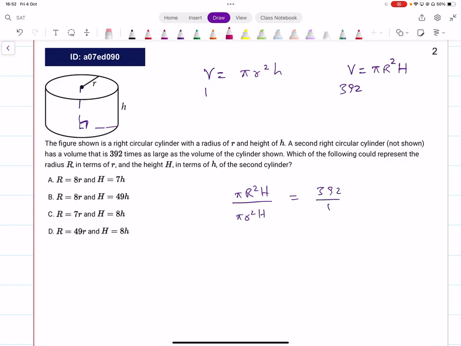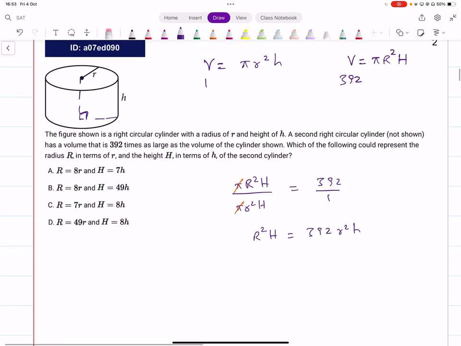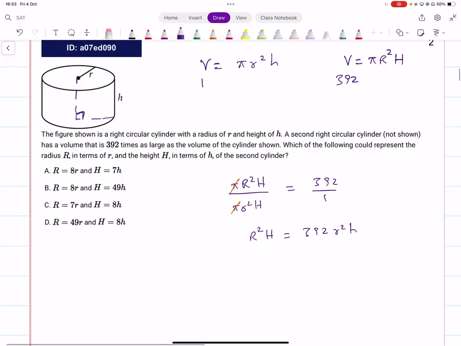Pi and pi get cancelled. And we have R square capital H equal to 392 times small r square into small h. This is what we have. Do we have any other information given? No, that's all the information that we have. Now we'll have to see which one of these satisfies this condition.